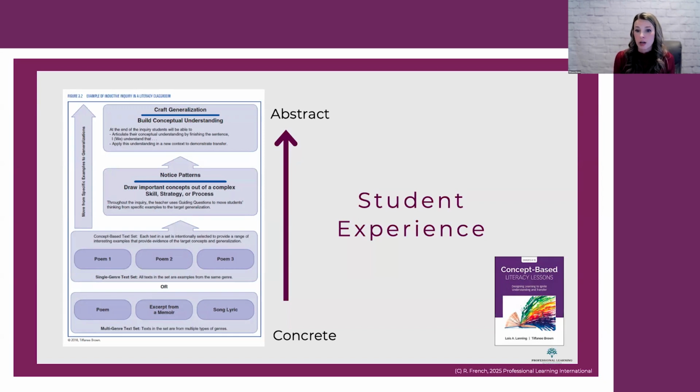Or it might be a multi-genre text set, where we maybe have a poem, an excerpt from a memoir, and an example from a song. Using the guiding questions, we help students to see the concepts, to notice the patterns, to see the relationships between the concepts, to the point where they're able to express their generalization or conceptual understanding. That's abstract. So again, we're moving from those concrete examples to the abstract conceptual level. Concrete, abstract.